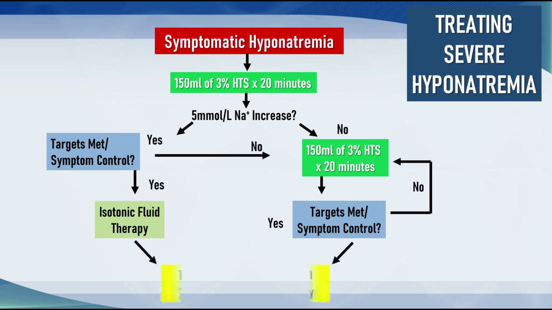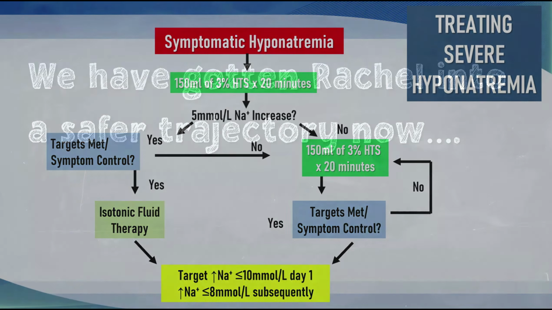The general target is to raise the plasma sodium by less than 10 millimoles in the first day and then less than 8 millimoles subsequently. This is based not on evidence but on expert opinion. So we're looking at 18 millimoles in the first 48 hours. If you overshoot, you need to think about whether that's a problem or not, but that's the generalized goal.